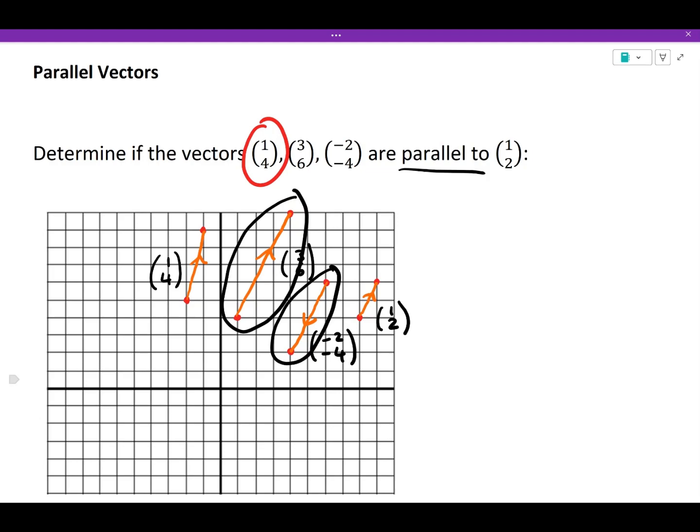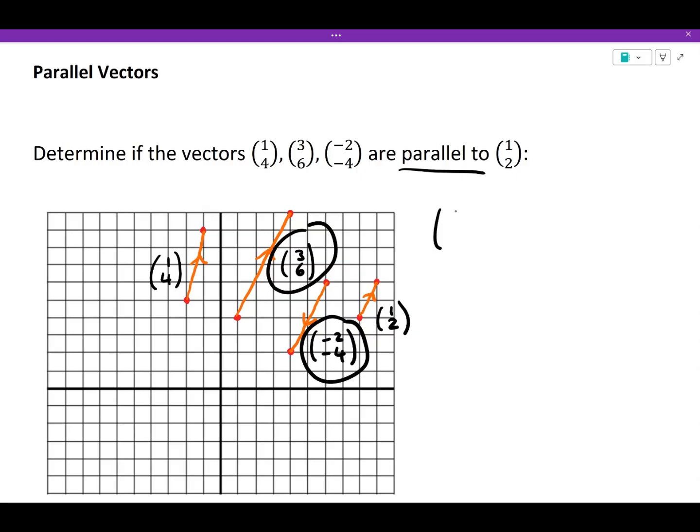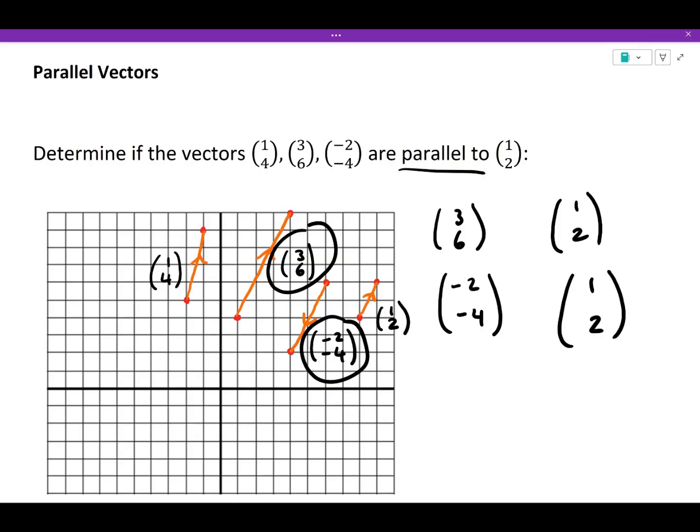So what I've determined is that the vectors 3, 6 and -2, -4 are both parallel to 1, 2, which I'm just going to write here. Now, what I want to think about next is what is the relationship between 1, 2 and its parallel vectors?